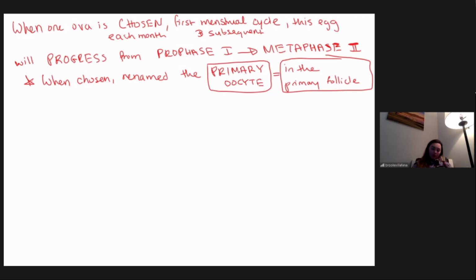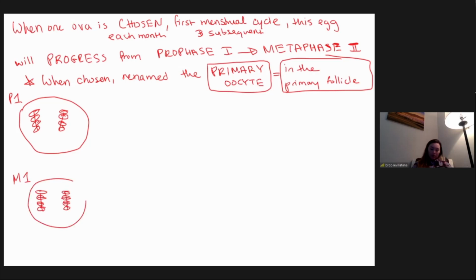So when you think about it, we'll just draw a quick little recap, right? Because this helps us visualize what happens, and there's a really important thing you guys need to know that occurs here. So we have prophase 1, metaphase 1, they kind of line up here at the equator, right? And then we get anaphase 1. They're going to separate into the dyads.